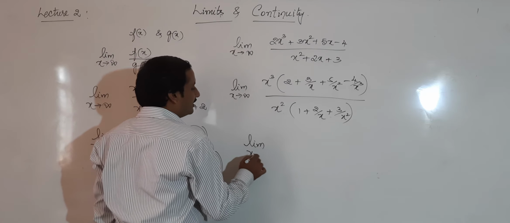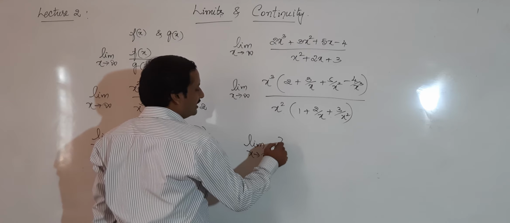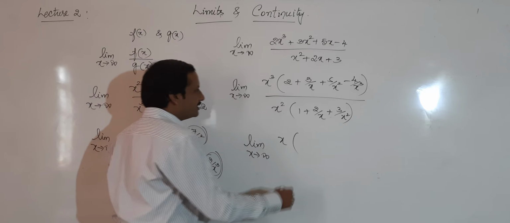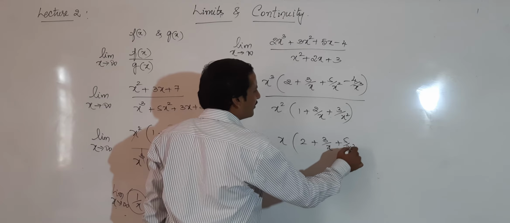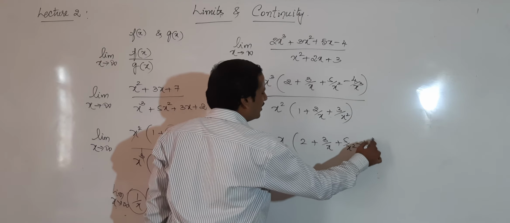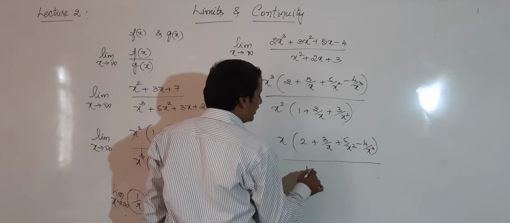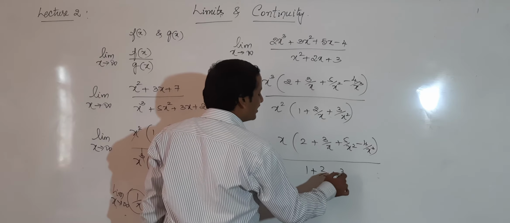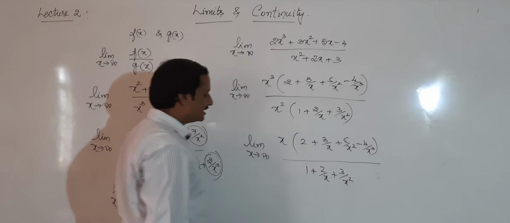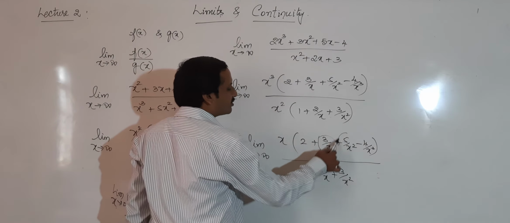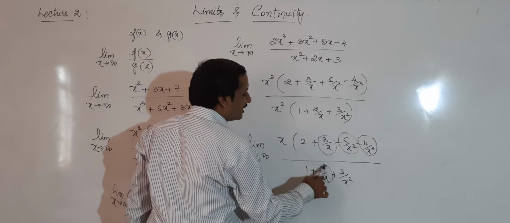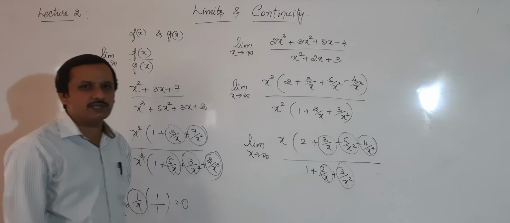You are left with the x here into, what is happening here? 2 plus 3 by x plus 5 by x square minus 4 by x cube divided by 1 plus 2 by x plus 3 by x square. As x tends to infinity, this 3 by x will become 0, 5 by x square will become 0, minus 4 by x cube, 2 by x, 3 by x square, all of those will become zeros.